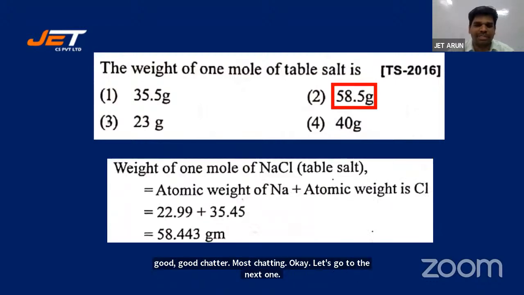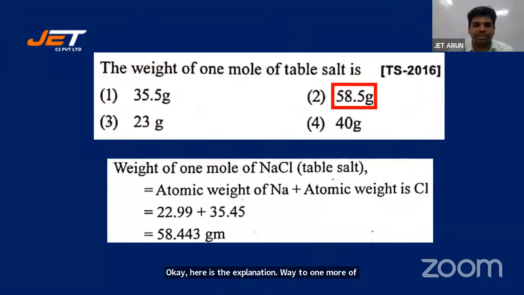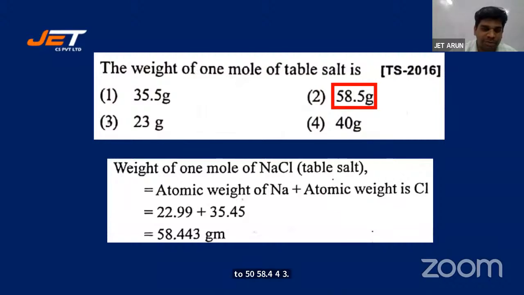Okay, here is the explanation. Weight of 1 mole of NaCl, which is table salt, is equal to atomic weight of sodium plus atomic weight of chlorine. All right. So we have got 22.99 plus 35.45, which is equal to 58.443. But we may not be able to remember all these minute exact values, right?